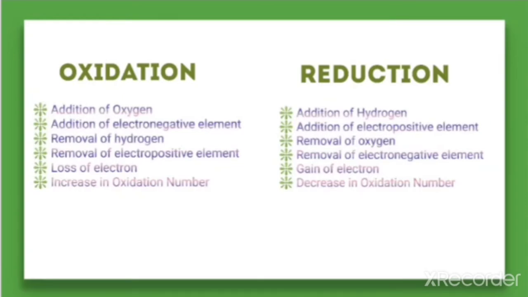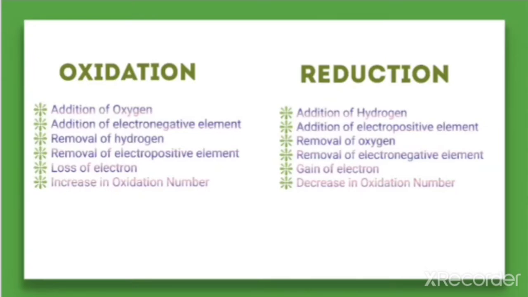From this, the most important definition for oxidation and reduction, as I told you, is that loss of electron is oxidation, gain of electron is called reduction. Now in this video, we need to discuss oxidation and reduction on the basis of oxidation number.